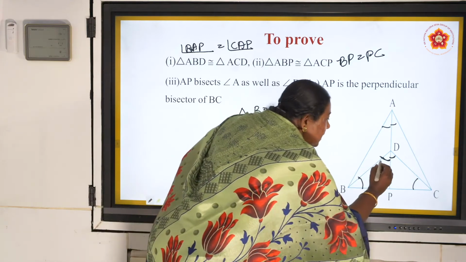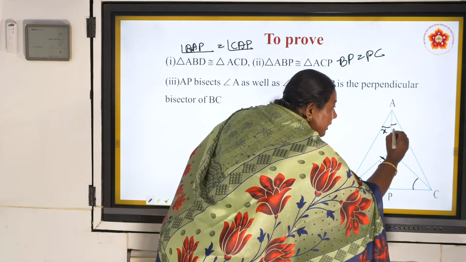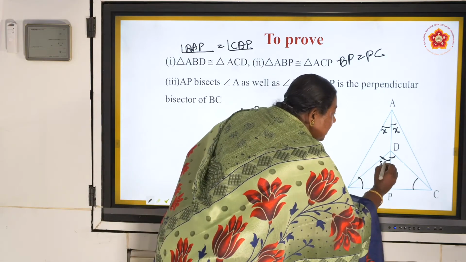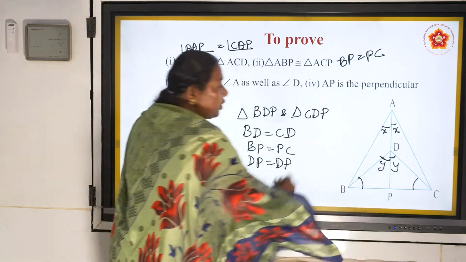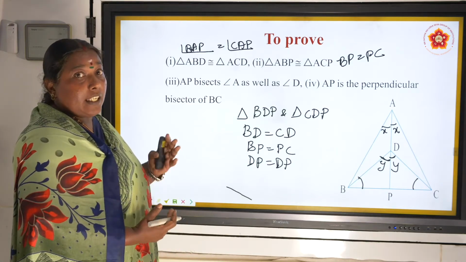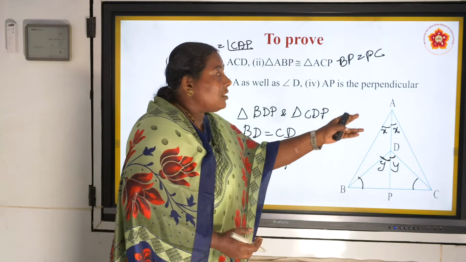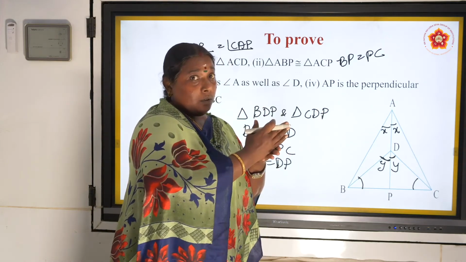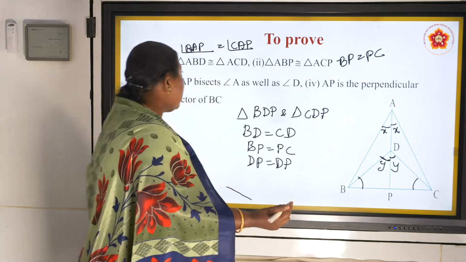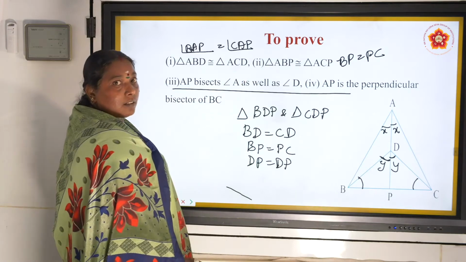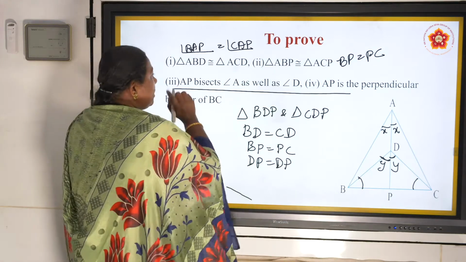That means if from the first we have told this is X, that side is also X. From here, if this is Y, this is also Y. When will I get that position? If the line which is starting and passing through divides equally, it should be a bisector. That is what I have given here. Okay, next one. So third one over.